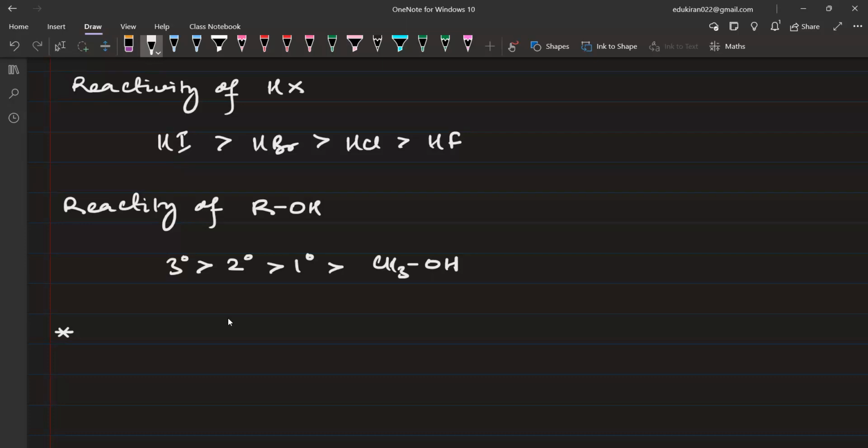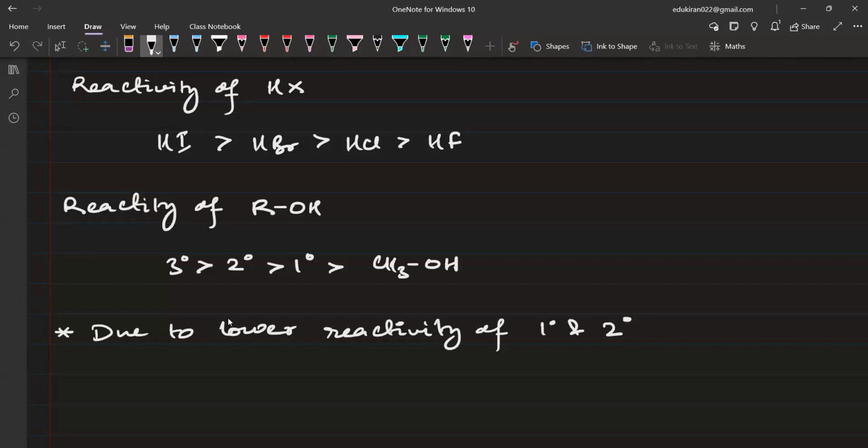It is that due to lower reactivity of 1 degree and 2 degree alcohol with HCl. और ये HCl के लिए ही खास है, because you can see that HCl is also one of the least reactive, और दो 1 degree 2 degree तो है ही कम reactive, right?